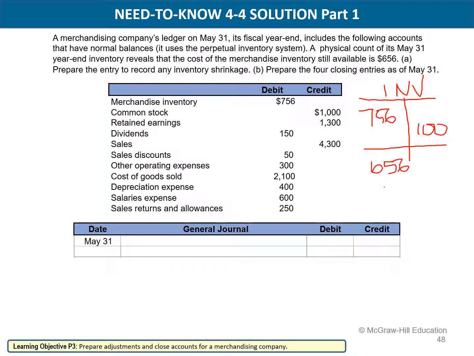Credit, right? When we record shrinkage, we record it through our income statement, cost of goods sold, and then we reduce our inventory balance. So our entry here would be a credit to merchandise inventory to reduce it, there's our credit of 100, and the other side is cost of goods sold, 100. And then we have 656 in our trial balance, and our cost of goods sold goes up by 100, so now it's 2,200.